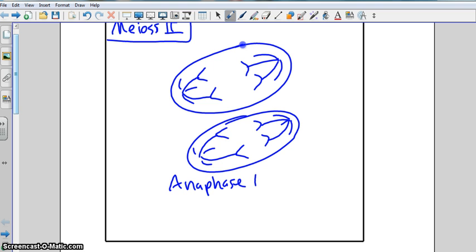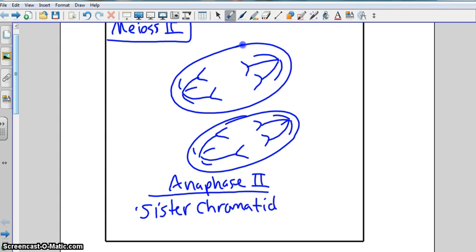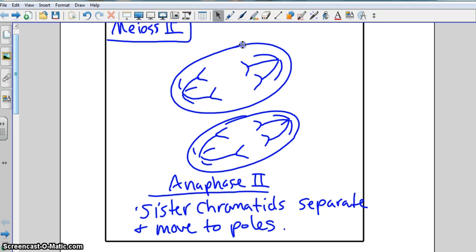Anaphase 2. And the sister chromatids separate and move where? Apart from where? To the what? To the poles. And that's really all that happens there, just like in mitosis.